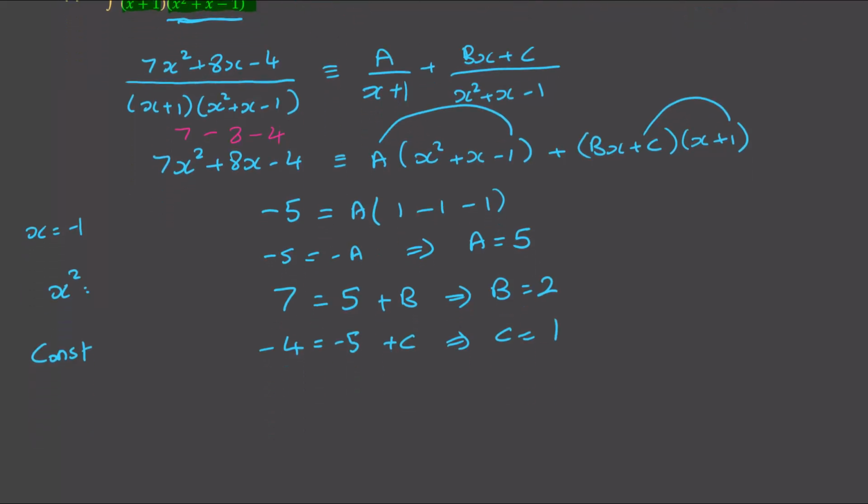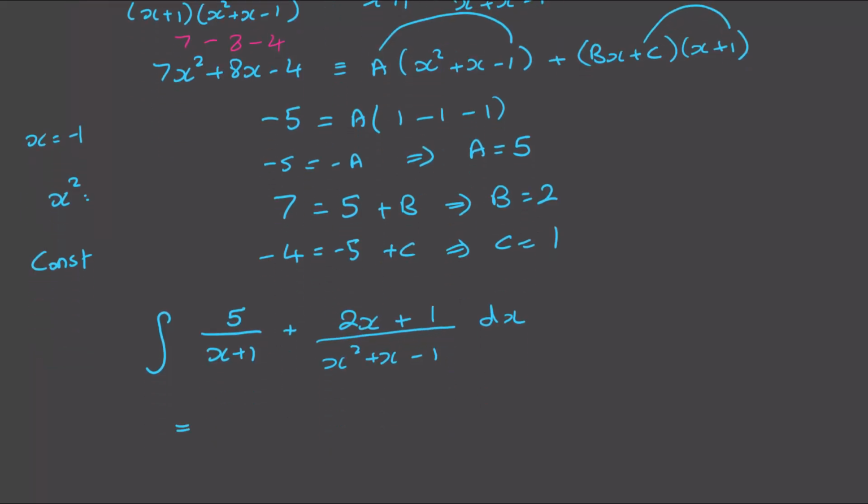And so what we're going to be integrating is 5 over x plus 1, and then we'd have 2x plus 1 over x squared plus x take away 1, and we can see that's going to be 5 ln mod x plus 1.